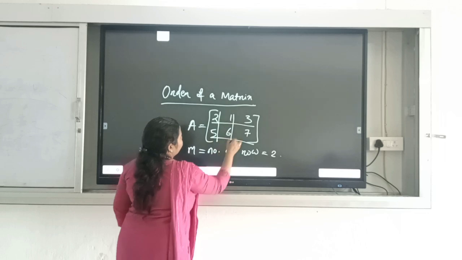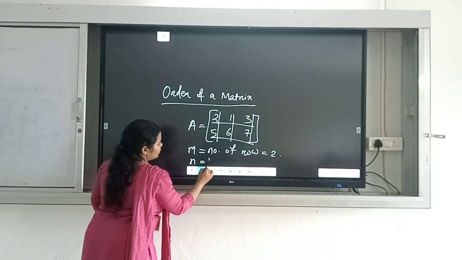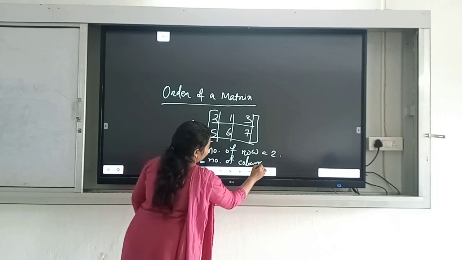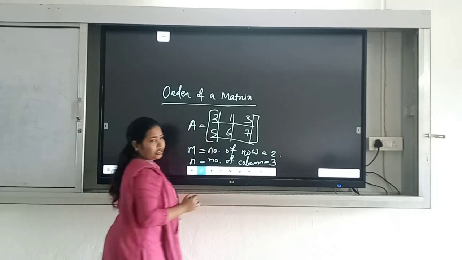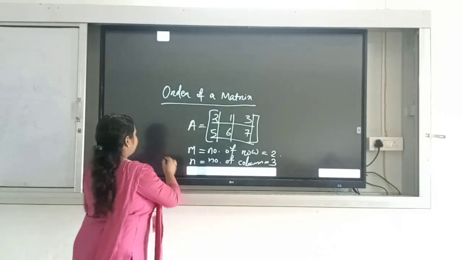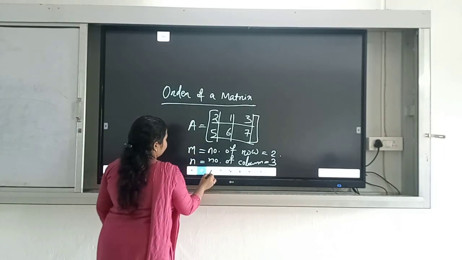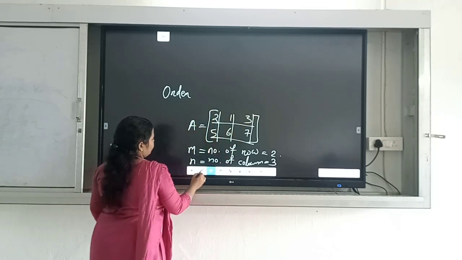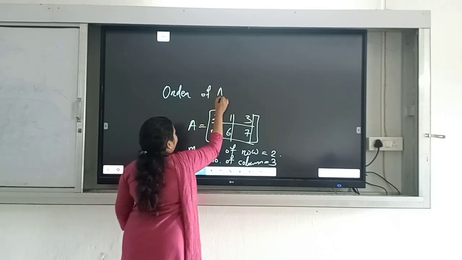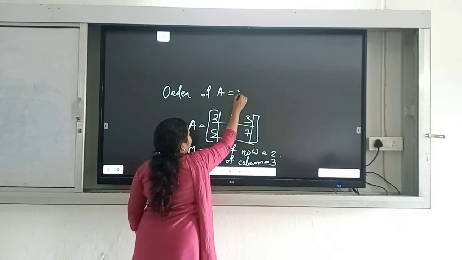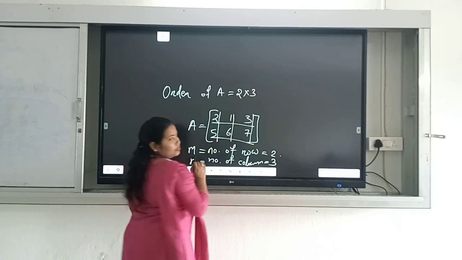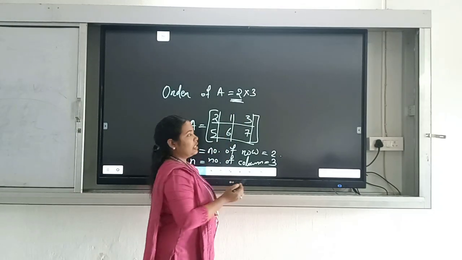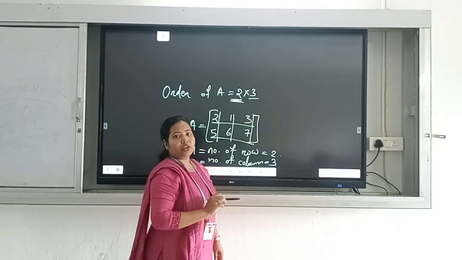Then the number of columns, that is n, is 3. So we can write the order of A as 2 times 3. Okay. The first digit represents the number of rows. The second digit represents the number of columns.